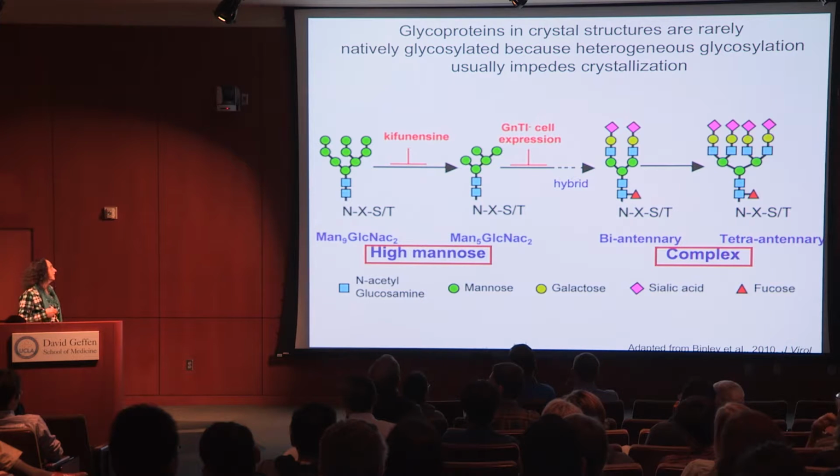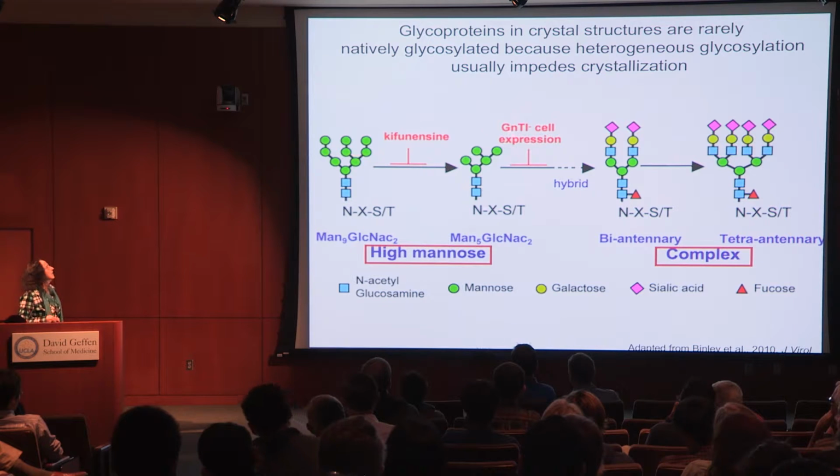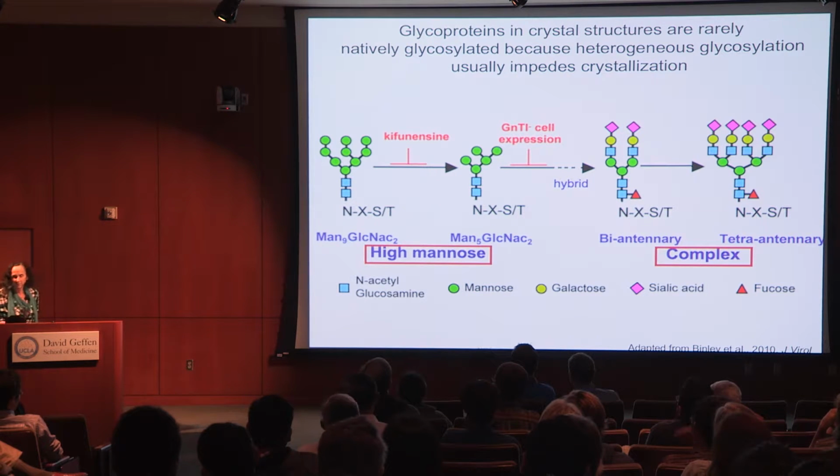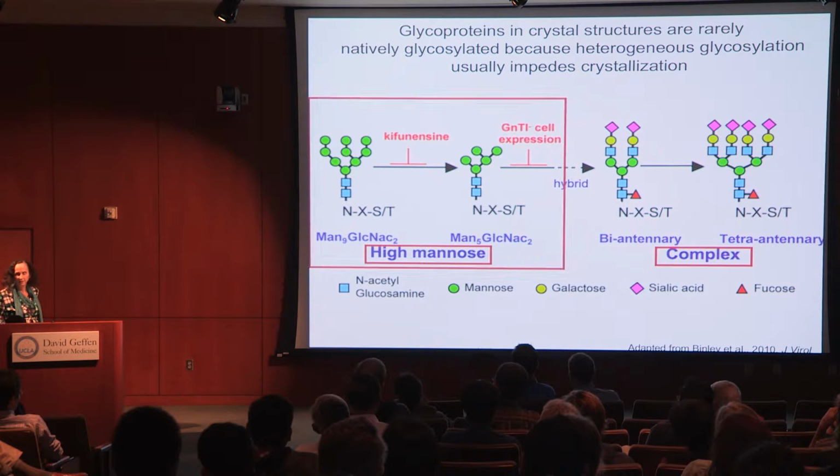So what we tend to do, if it has a lot of N-linked glycosylation, is either treat mammalian cells with kifunensine, which keeps it at this high mannose stage, or express the protein in GnTI cells, which have a deletion of an enzyme that would go on to process it to complex type. That ends up giving you high mannose only glycosylation.